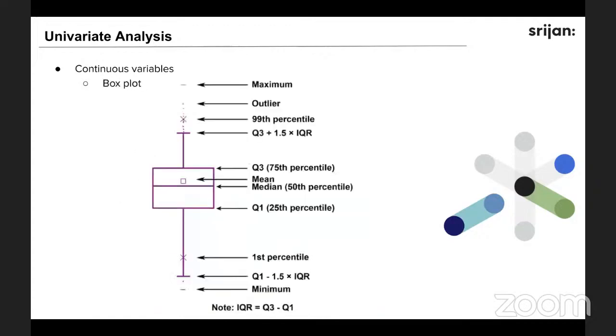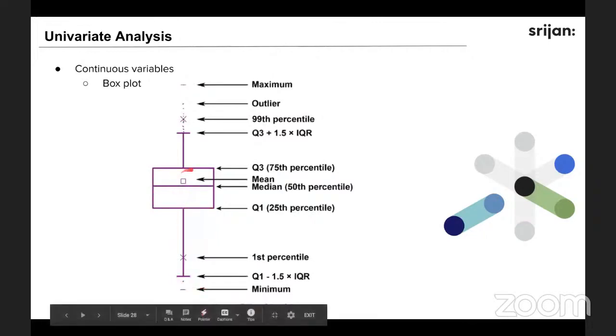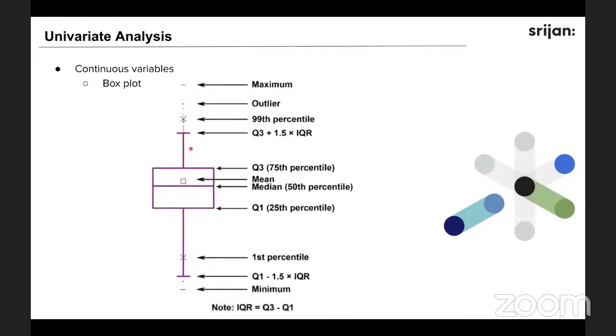The next one, which is very informative, I would say, is called the box plot. It looks something like this. We have a rectangular box and there will be two tails, one at the top and another at the bottom. This simple plot alone has a lot of information. Let's start with the percentile thing.